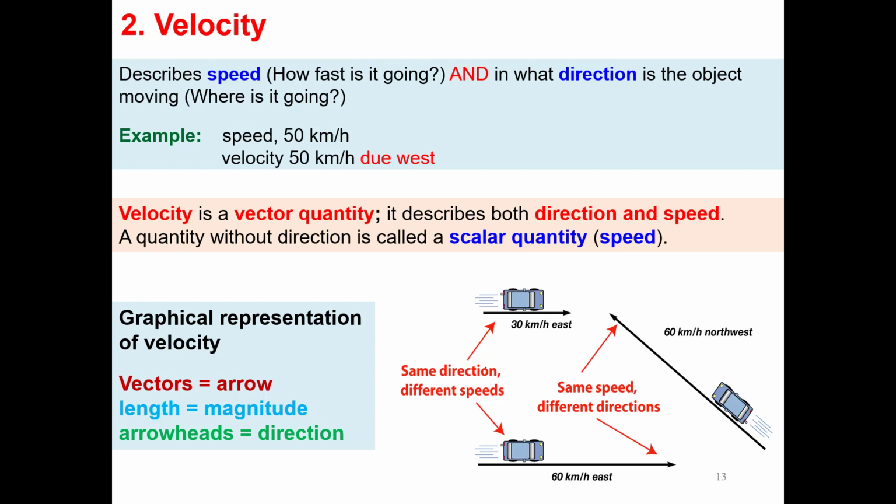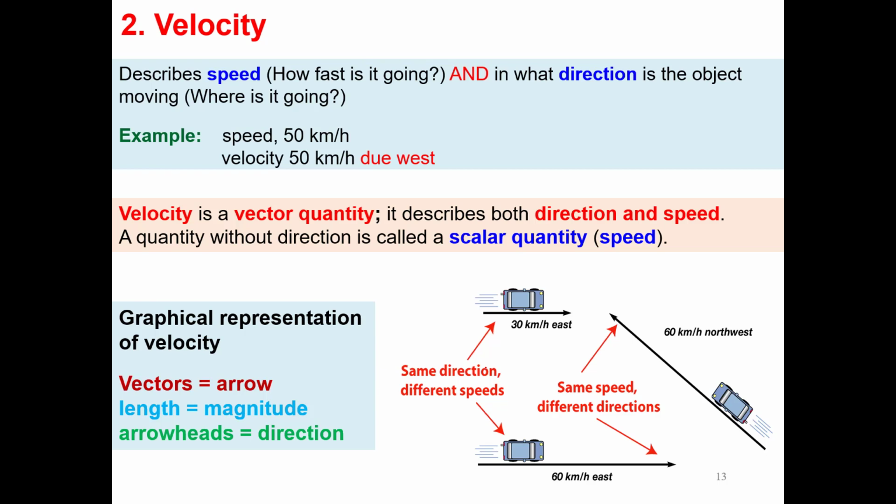One example of speed can be 50 kilometers per hour, but one example of velocity will be 50 kilometers per hour due west. When we are talking about velocity, we are talking about the number, which we call the magnitude, but also about the direction.